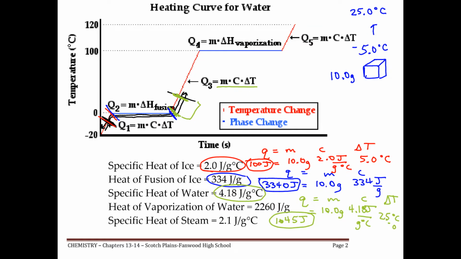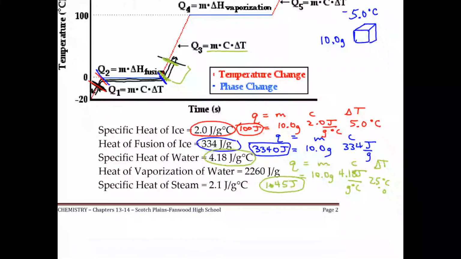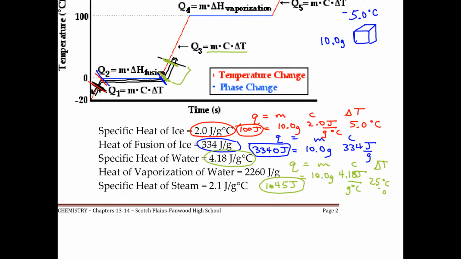So 1045 plus 3340 plus 100 gives you 4485 as your total. I'll just write that over here. 4485 joules is your total. And this is how much heat it took to take an ice cube from -5 degrees Celsius all the way up to 25 degrees Celsius.